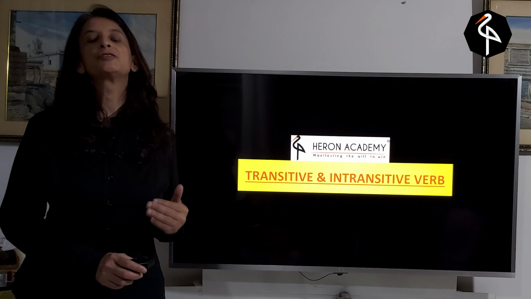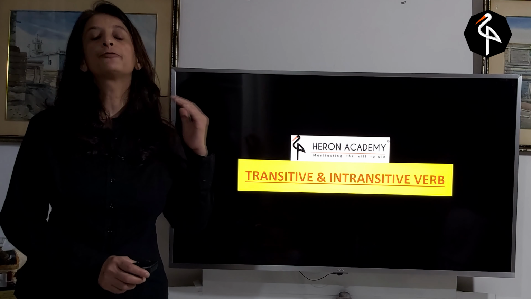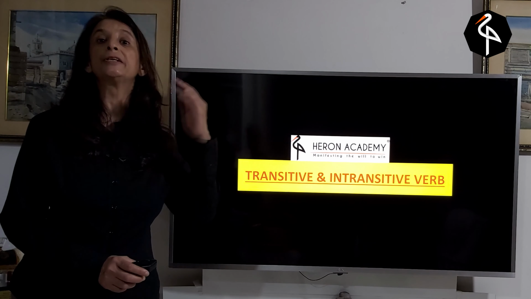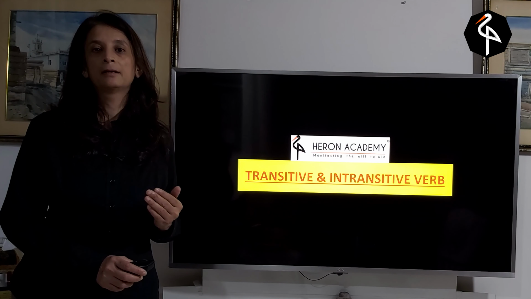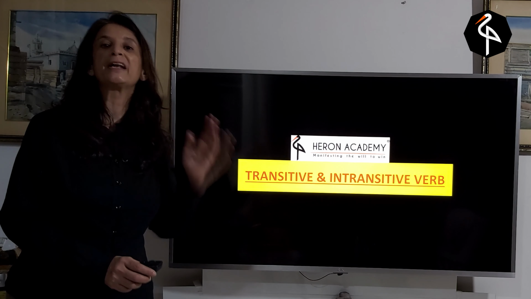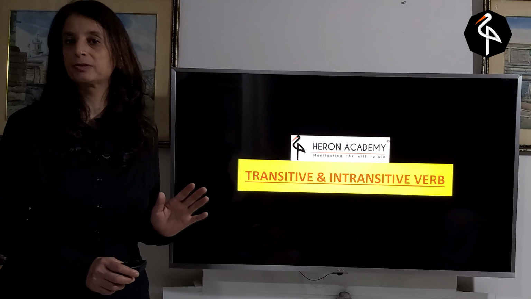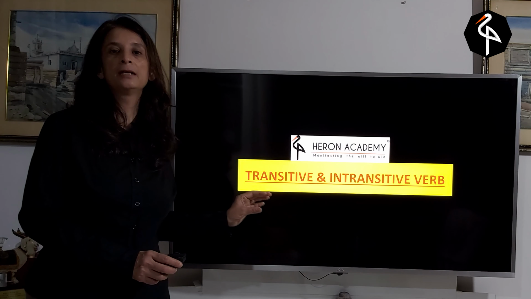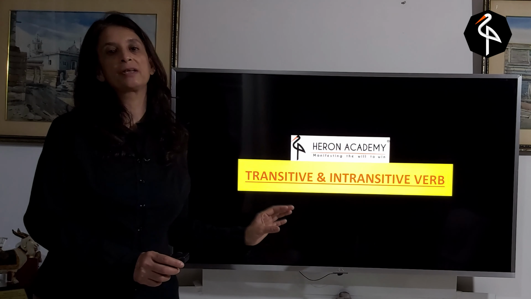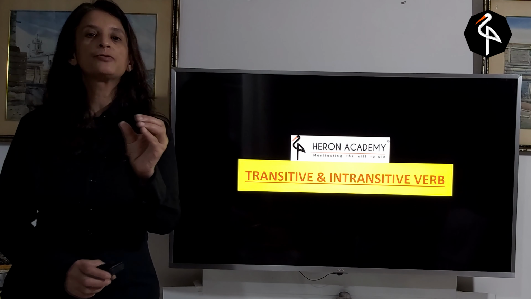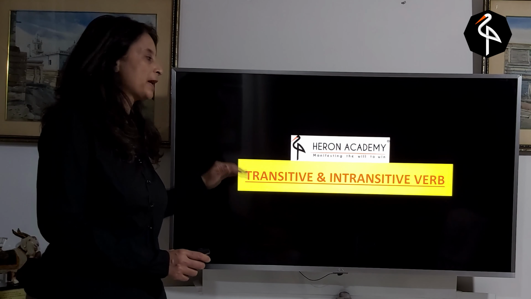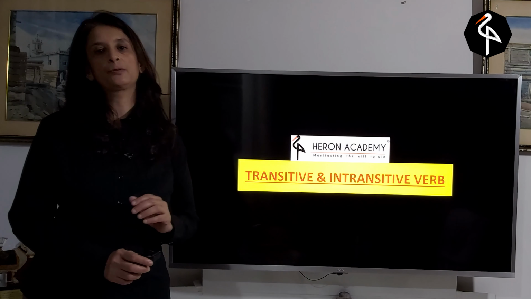See, verbs, as you know, have got different forms and they are used in different tenses differently, and they have got finite and non-finite modes. But as such here, in active and passive voice, the verb which we are talking about is defined into the category of transitive and intransitive verbs.